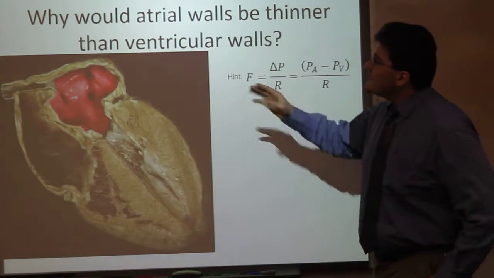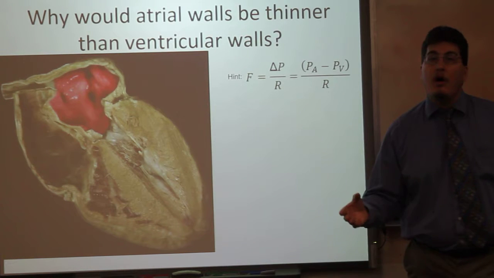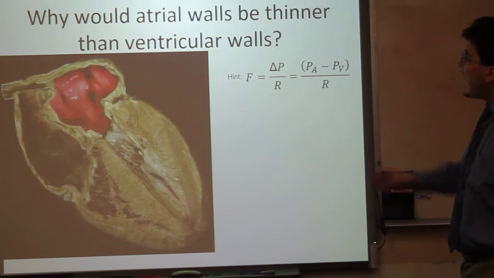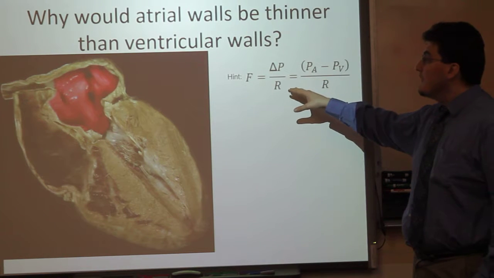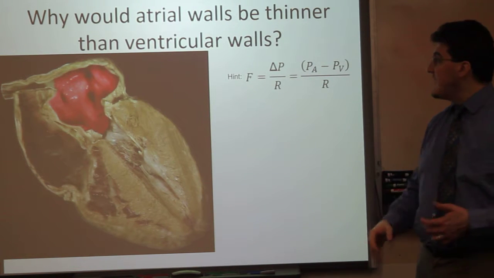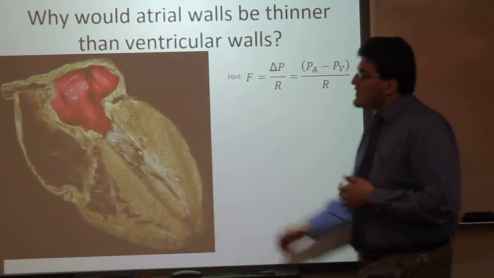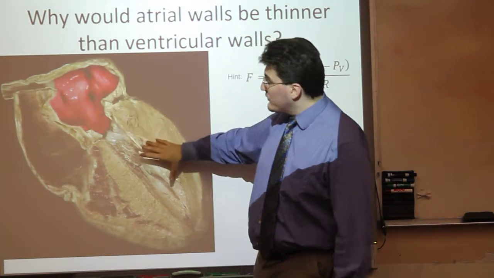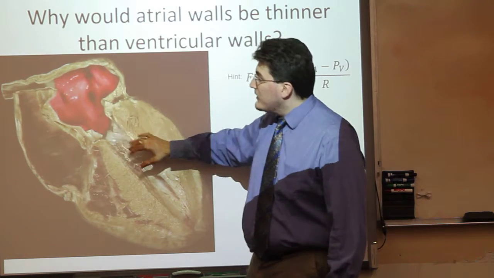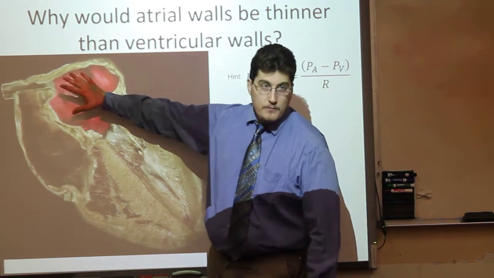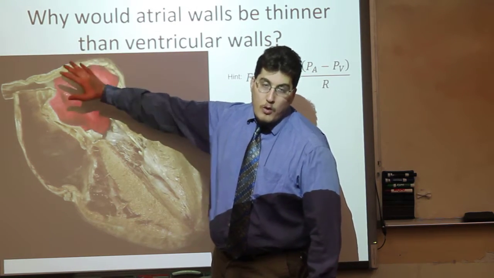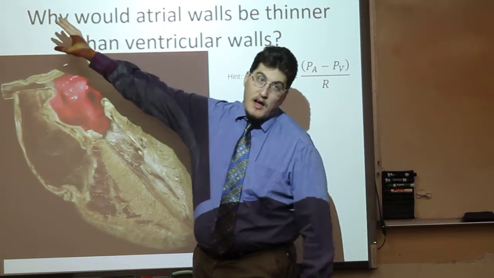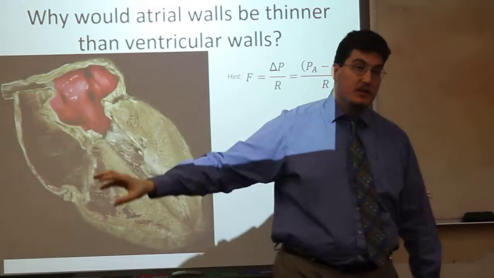Now, that brings us to the question of why the atrial walls need to be thinner than the ventricular walls. And it's the same reason here. The flow rate needs to be the same. So if we have a pressure exerted by here versus here, we need to have our pressure be lower in the atrium in order to receive blood from the systemic or pulmonic circulation.